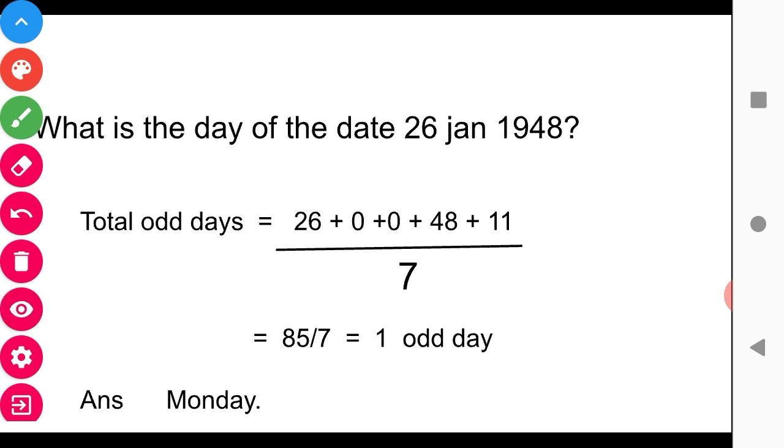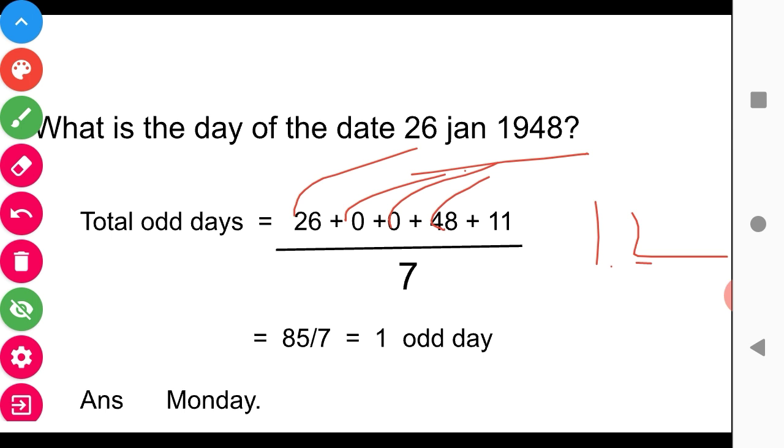So there is a disadvantage, some problem with the formula. Suppose we have to calculate the day of the given date, 26 Jan 1948. For that, the date is 26, the code for January is 0, and for 1904 it is 0. So 48 divided by 4 will give 12 odd days, which means up to 48 we had 12 leap years.